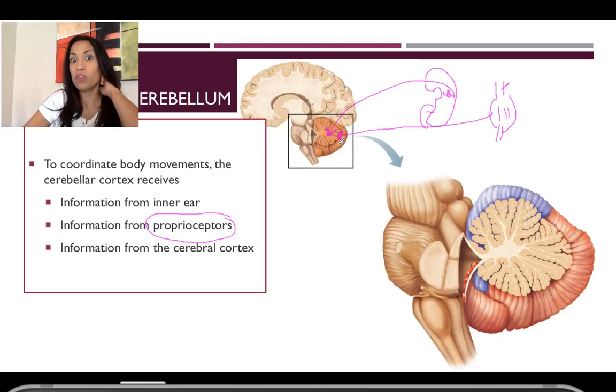So the cerebellum knows at every millisecond the position of your head and of your muscles and of your joints, the degree of angle of every joint. But it also receives information from the motor cortex, which is about there, right? Remember, in the precentral gyrus.